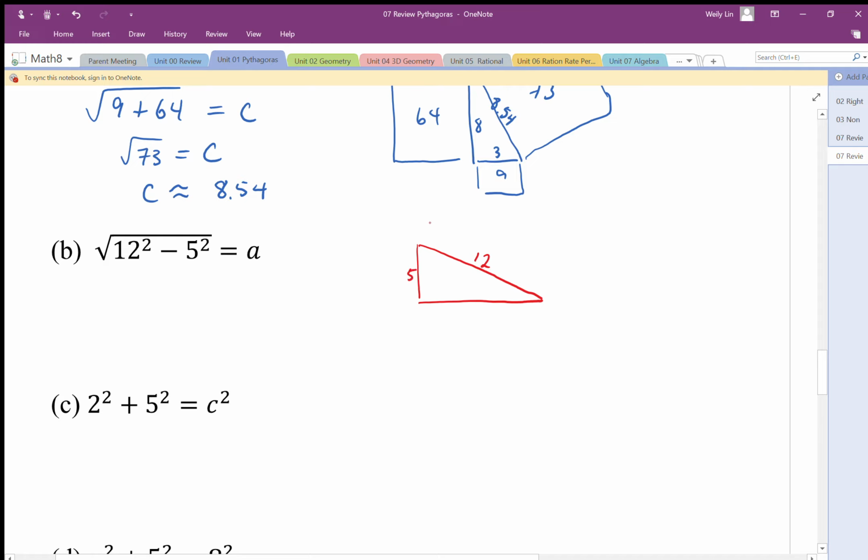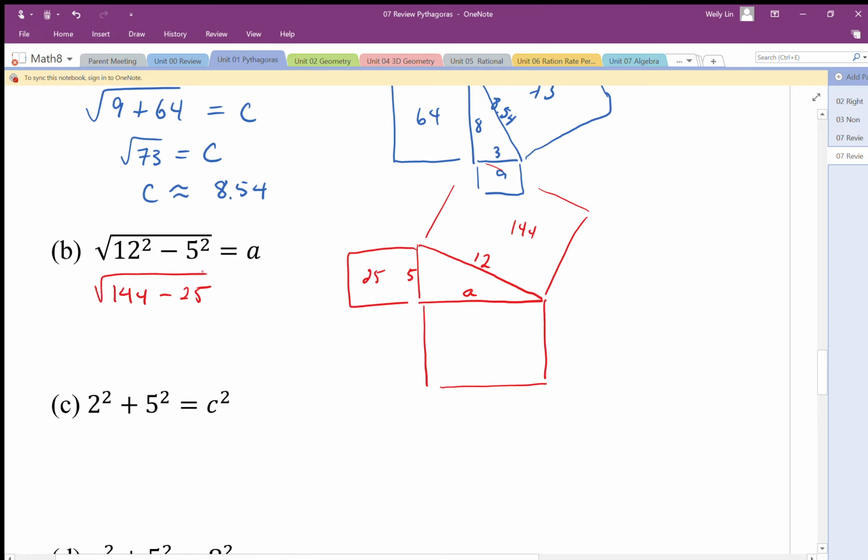So I do 12 squared, that's 144, and I'm going to take away the 5 squared, which is 25. That length is A. And this area inside here is going to be the difference. If I subtract those, 144 minus 25 is 119 squares.